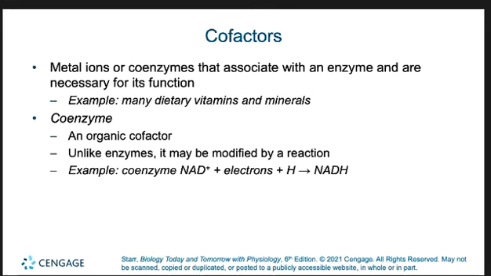Sometimes enzymes need tools in order to do their work, right? Metal ions or coenzymes associated with an enzyme and are necessary for it to work. Examples include dietary vitamins and minerals. A coenzyme comes usually from a vitamin, okay? It can be modified by a reaction.